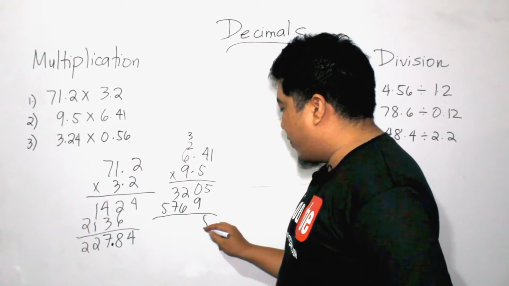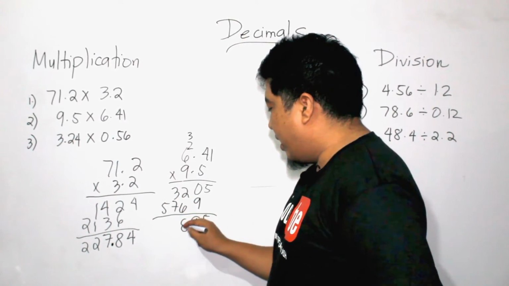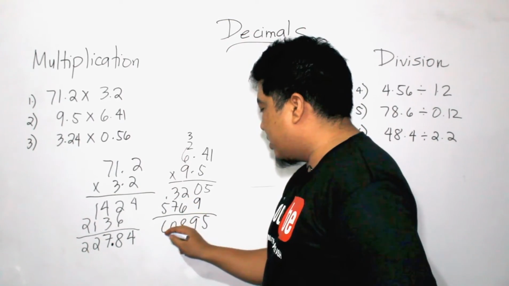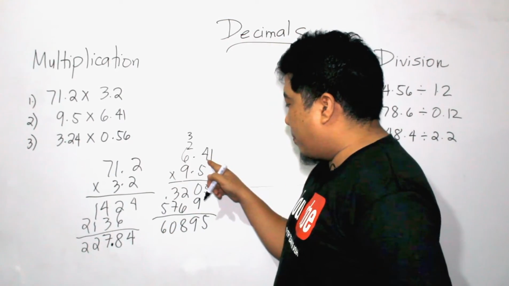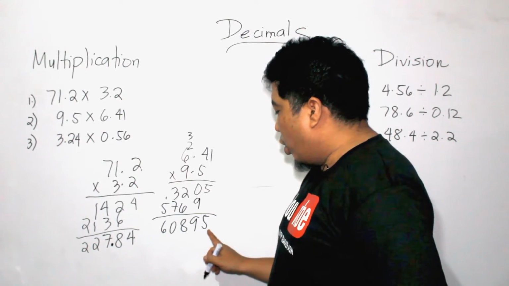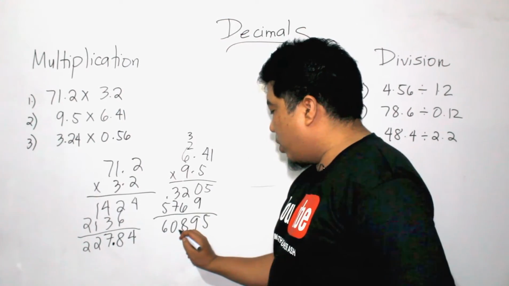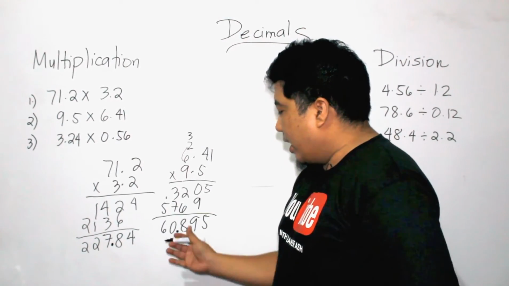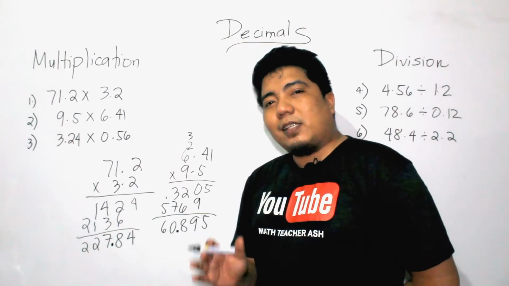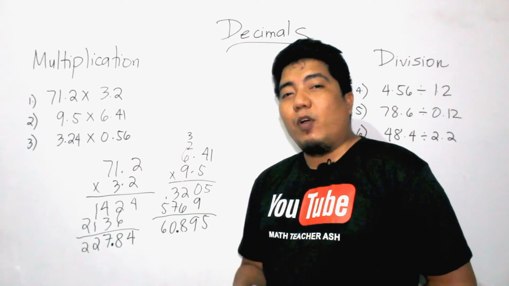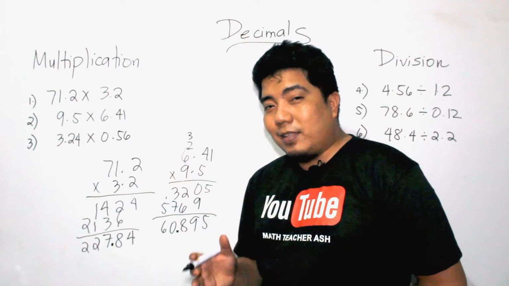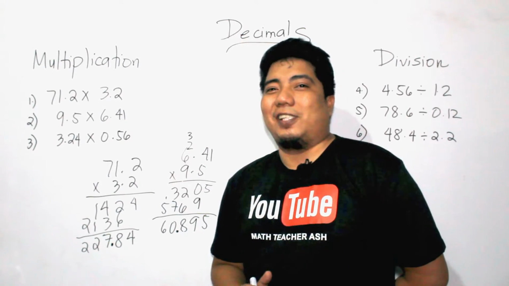Then we add 5, 9, 8, 10, carry 1, 6. Since there are 3 place values after the decimal point, we have 1, 2, 3, and we will put our decimal point here, giving us the final answer, 60.895 or 60 and 895 thousandths.